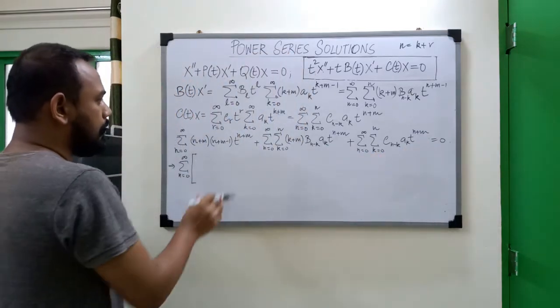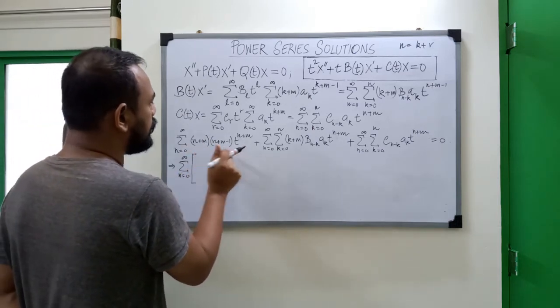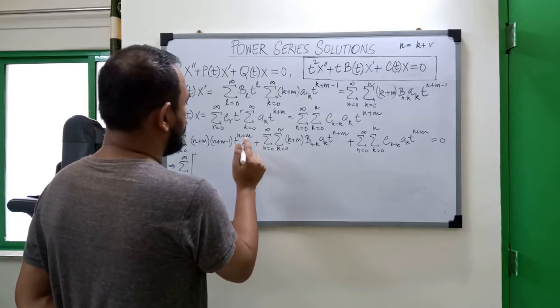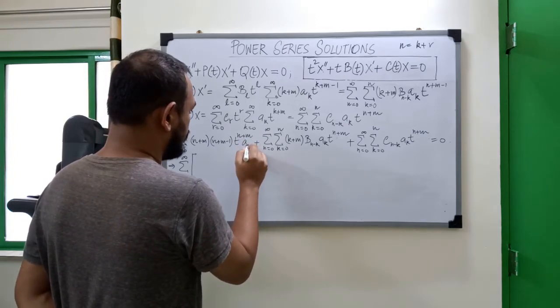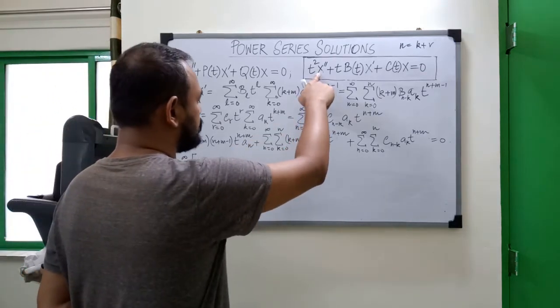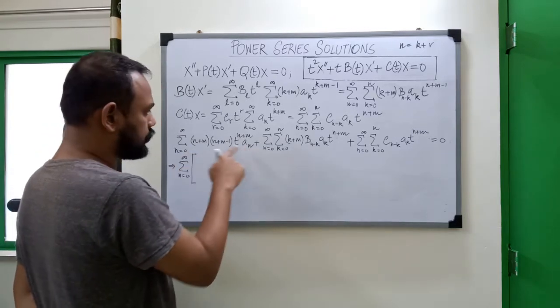What will remain? Oh, I missed an a_n there, because x double prime had the a_k's, remember, which I changed to n.